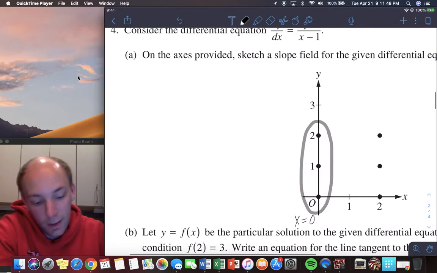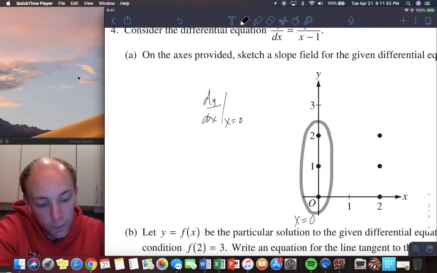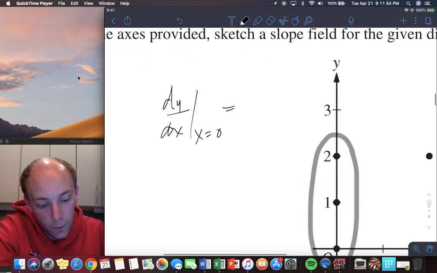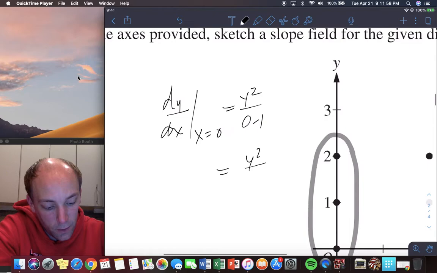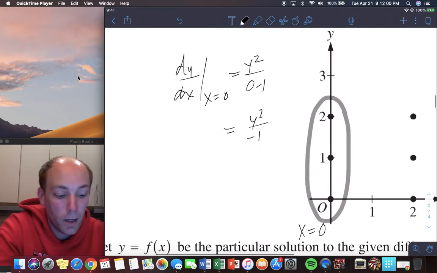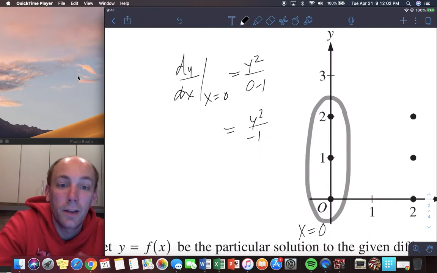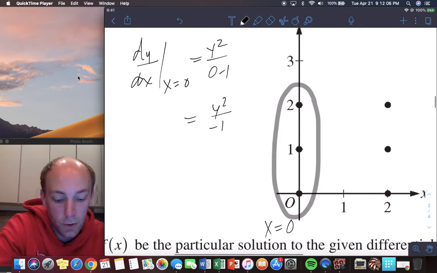So let's take this dy/dx, and let's plug in 0 for x to get started. So y squared over 0 minus 1, so y squared over negative 1. So when I plug in my y values, it's just going to be the negative of the square, right? If I plug in the y value of 2, I'm going to get 2 squared divided by negative 1, which is negative 4.